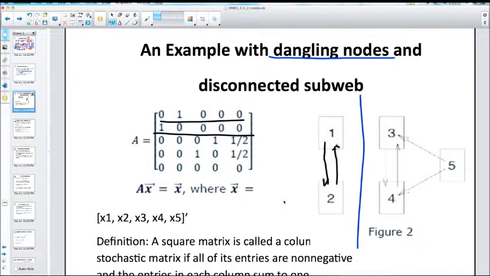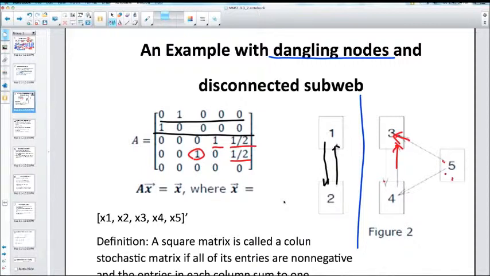And the third page, we got 2 backlinks from the 4th and the 5th. 100% from the 4th, and half from the 5th. You see, the 4th gives all to the number 3, and the number 5 gives half to the number 3. And so is the number 4. Got 100% of number 3, got half from the number 5. What about the number 5?